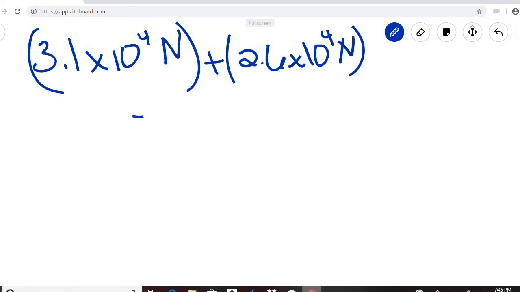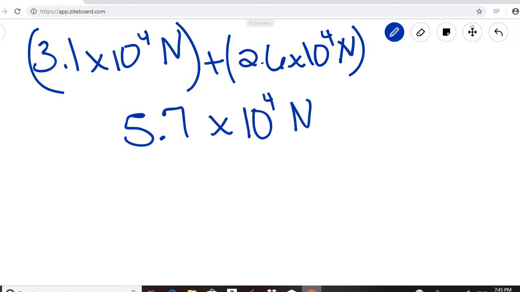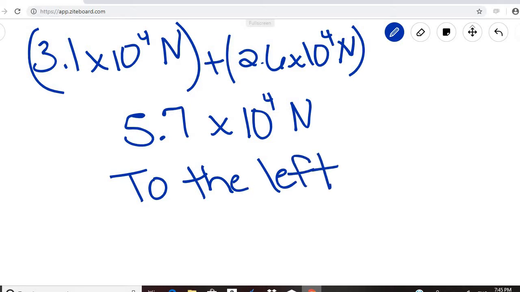So if we add those together, we will get 5.7 times 10 to the 4th newtons, and we would say that's to the left, because for that particle in the middle, the other two particles acting on it are both going to cause that particle to move to the left.